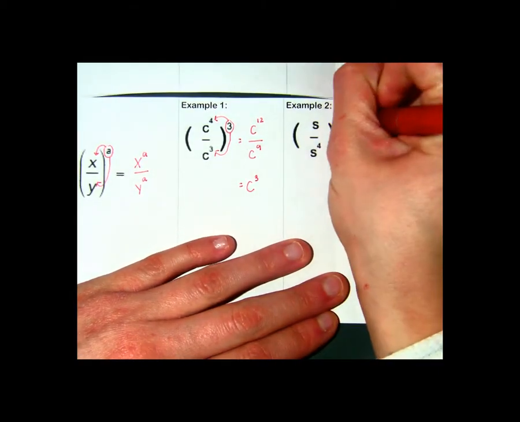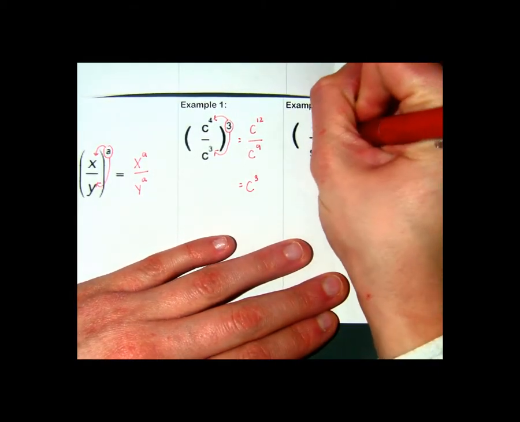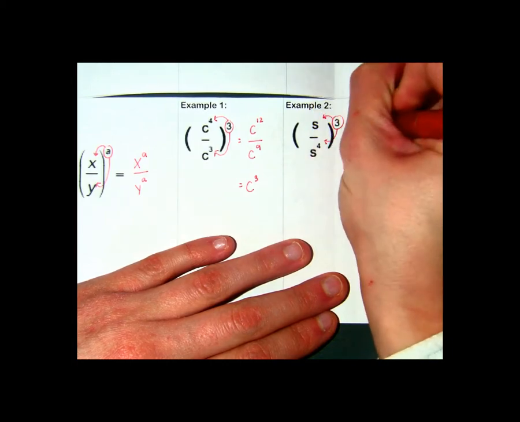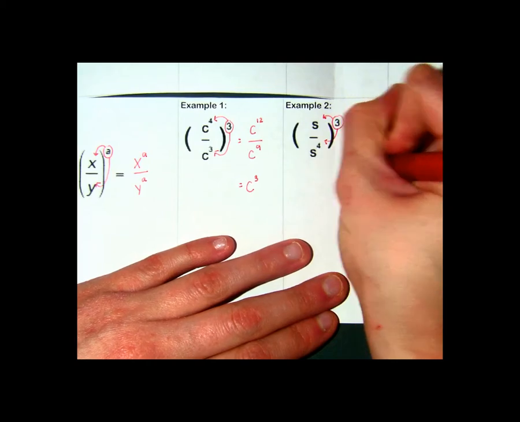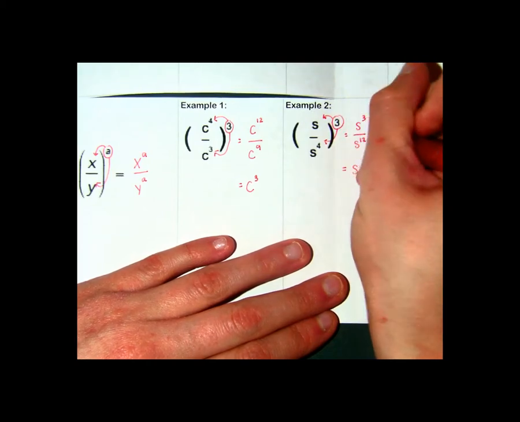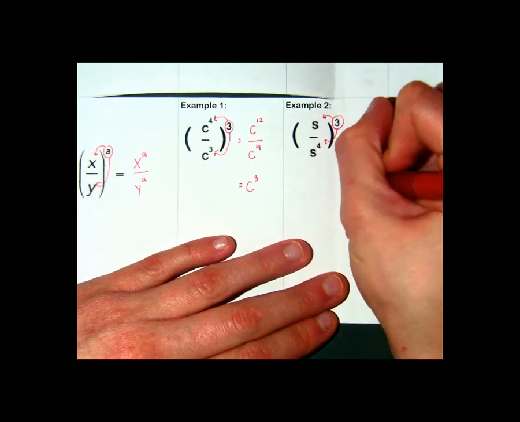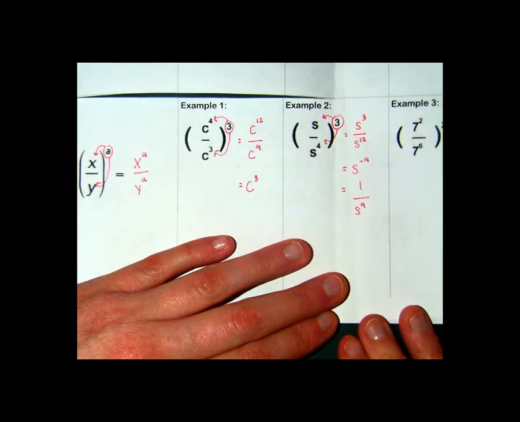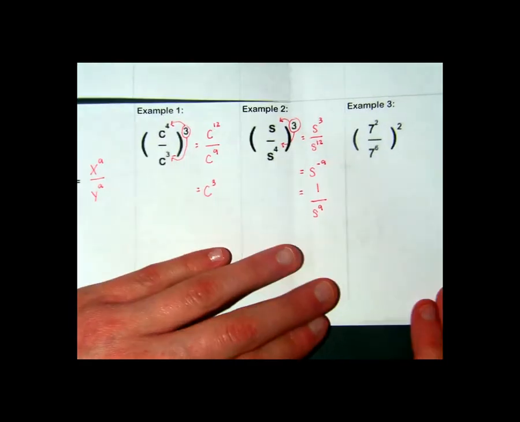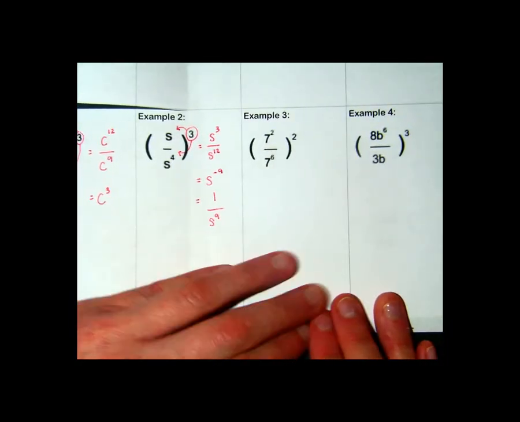Okay, so 3, that is s to the 3rd over s to the 12th. So that is 3 minus 12, which is negative 9. That means I need to put it in the denominator of a fraction, 1 over s to the 9th.